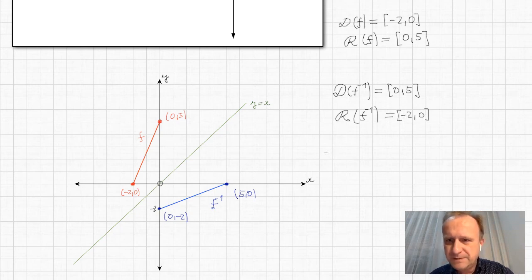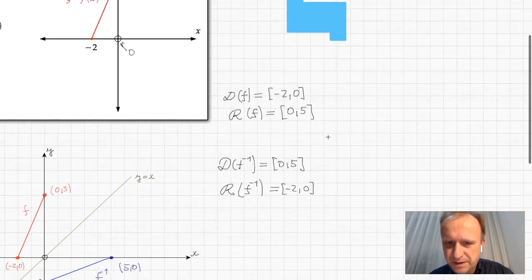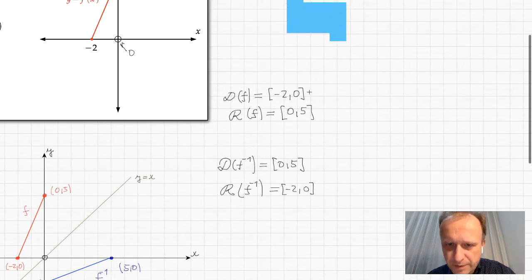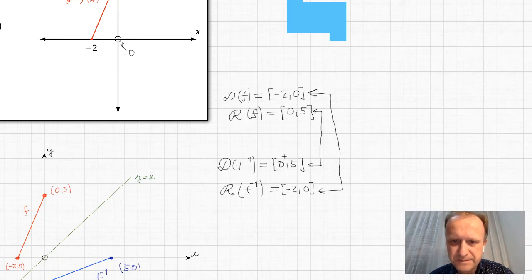Okay, so we see that there is a correspondence here. The domain of the function f is the same as the range of the inverse of the function, and moreover, the range of function f is identical with the domain of the inverse.